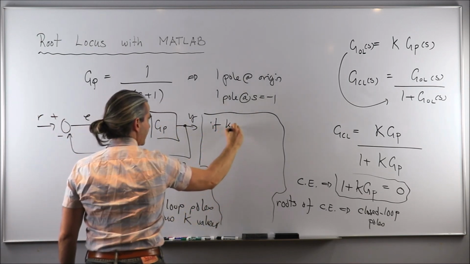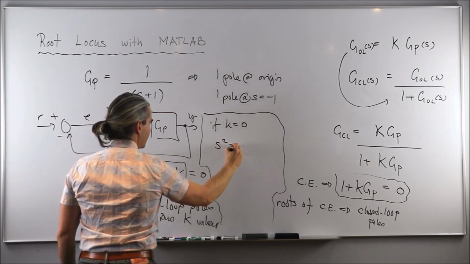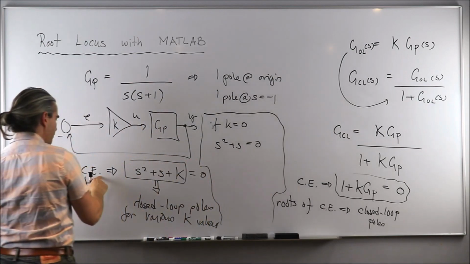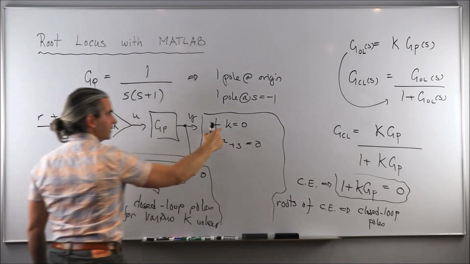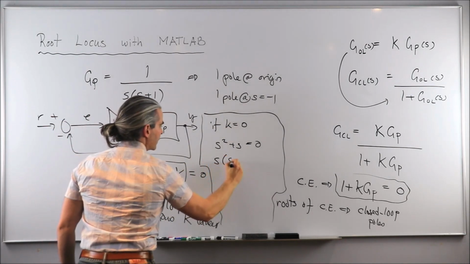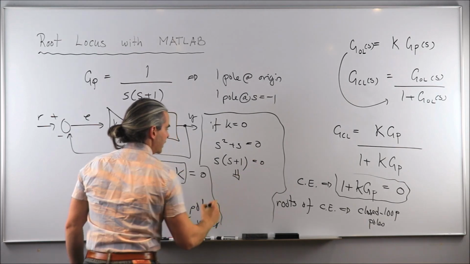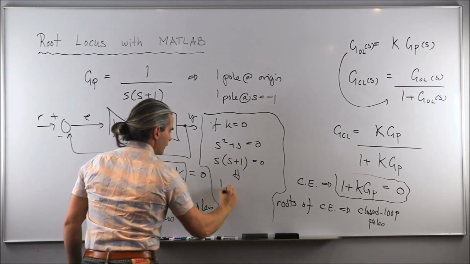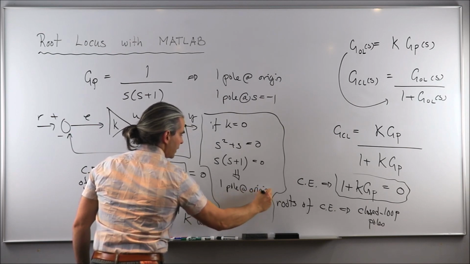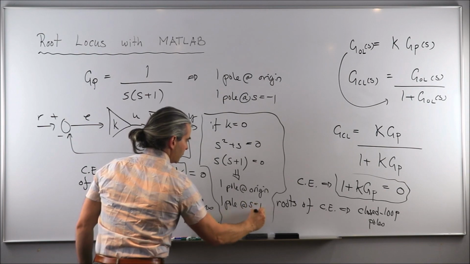If K equal to 0 in that equation, you get S squared plus S equals 0 for the characteristic equation evaluated specifically at this point here. Or in other words, S times S plus 1 equals 0. And obviously that gives us two poles. One pole at the origin of the complex plane, and another pole at S equal minus 1.